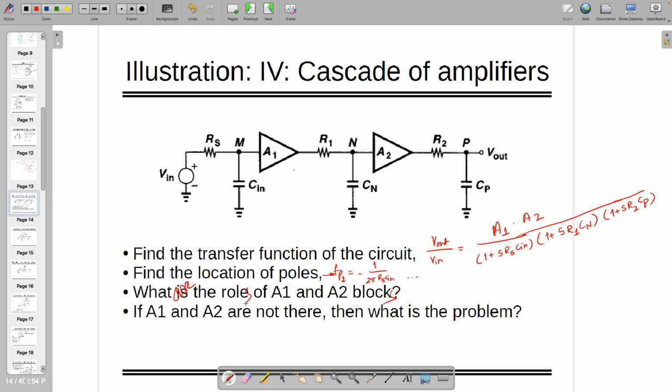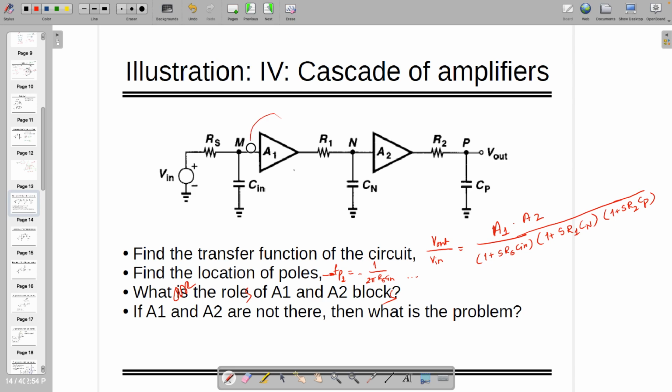Okay, that's one reason. They provide high impedance to the M and N nodes. Okay, so what is the advantage in that case?